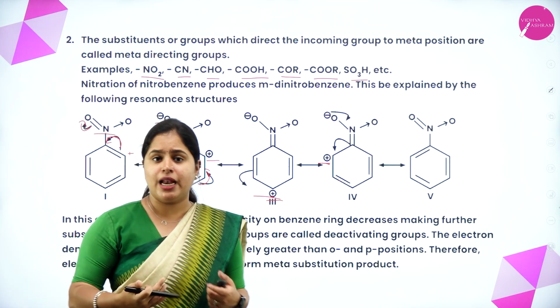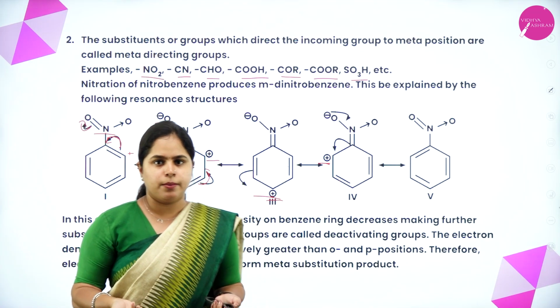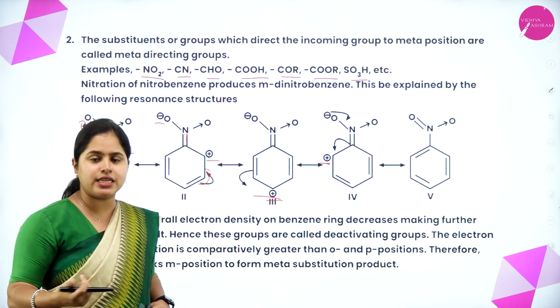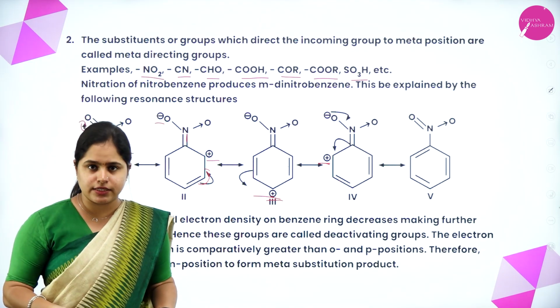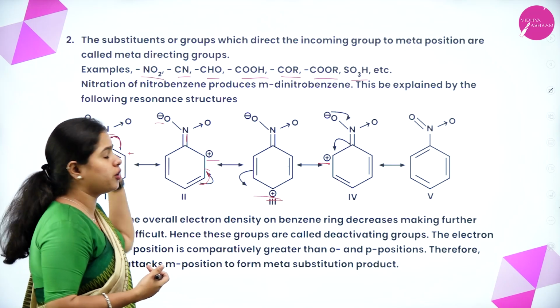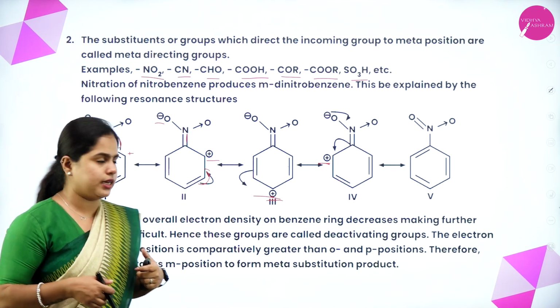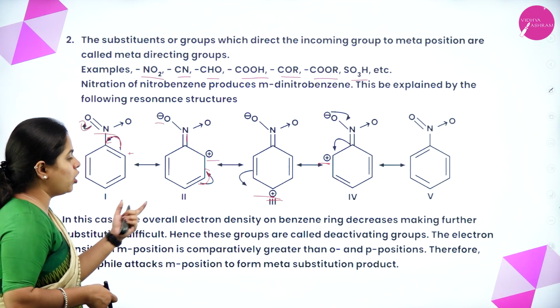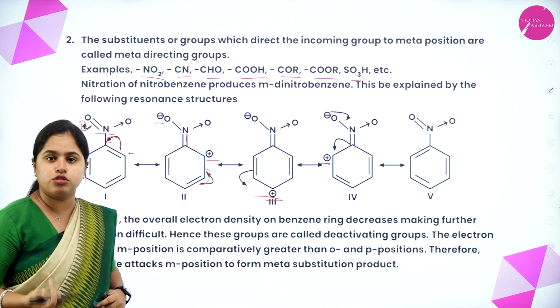So now, will it help in substituting the incoming group more easily? No, right? Because it has a positive charge. It is less electron rich now. Okay, that is why they are also called deactivating groups, because the nitro group is taking up electrons from the benzene ring. So as you can see in this case, the overall electron density on the benzene ring decreases, making further substitution difficult.